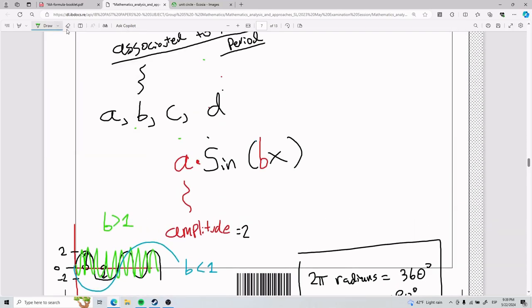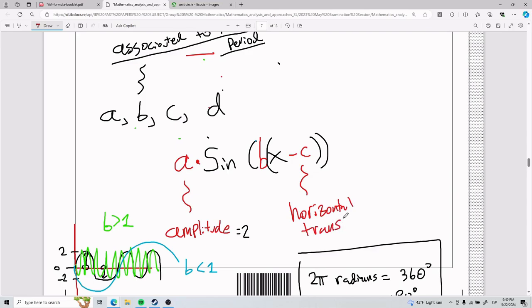What else? So c, technically, would be something like this. I don't see c show up too often, I'll be honest. But technically c is something that is adding or subtracting inside, and is what we're going to call a horizontal translation. How can you memorize this more easily?